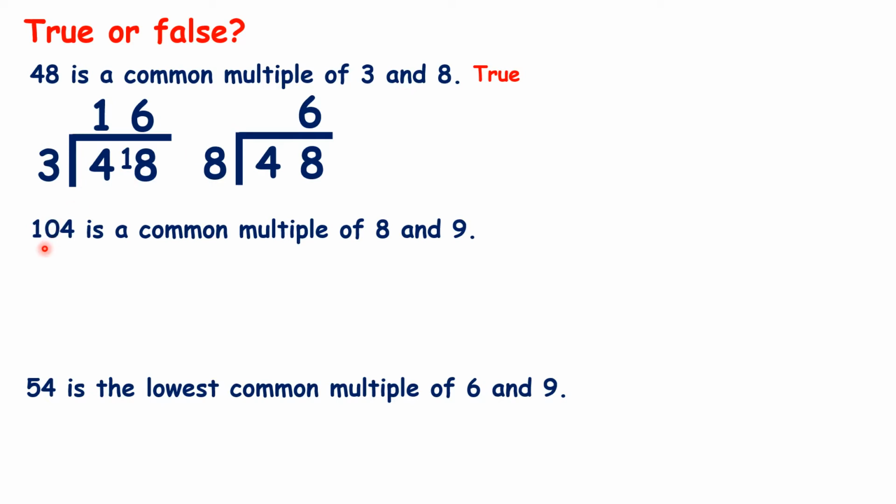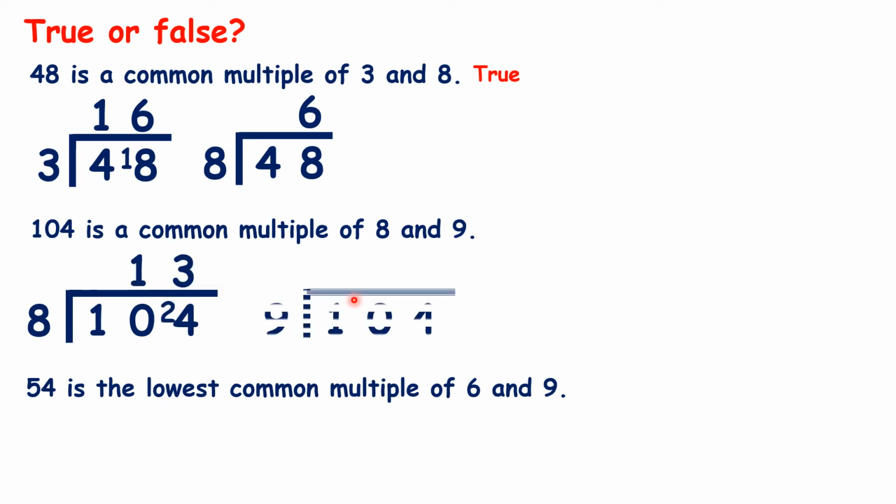But is 104 a common multiple of 8 and 9? Pause the video and see if you can find out. We can divide it by 8 to get 13, but when we divide by 9, we get a remainder.